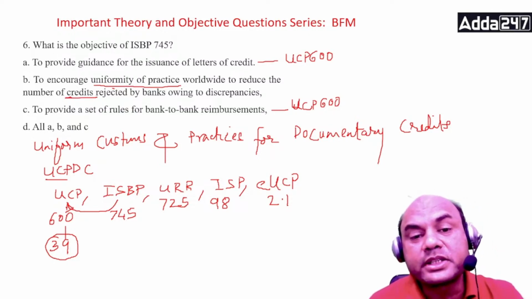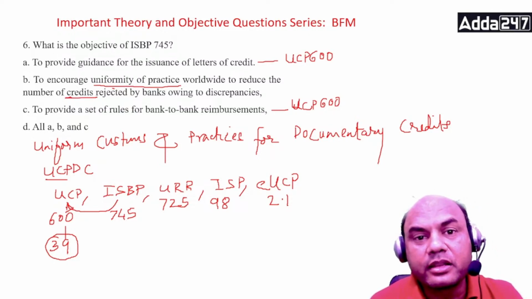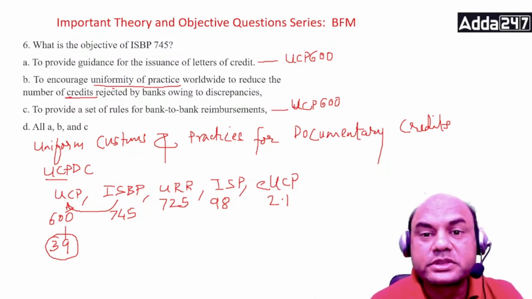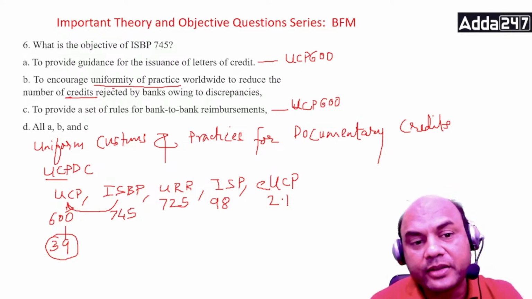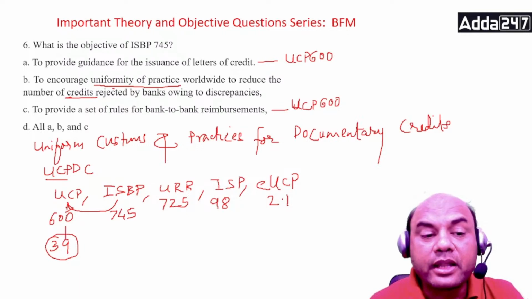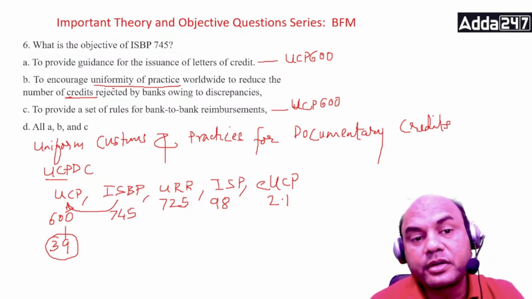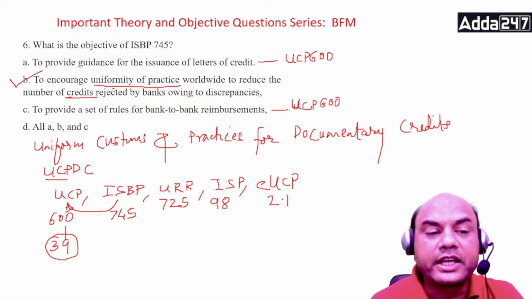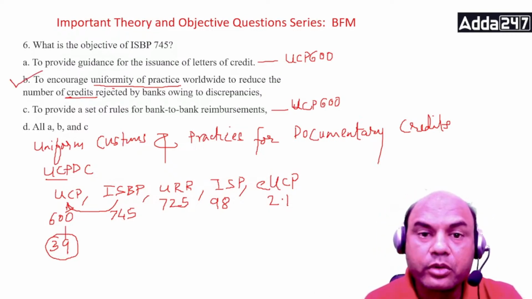Suppose the way I am interpreting a UCP article, the person next to me, or the second person checking the documents from the issuing bank side, may not interpret it that way, and he might take a wrong decision. So to bring uniformity, this ISBP 745 has been brought into the picture.